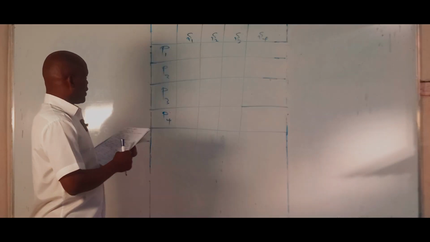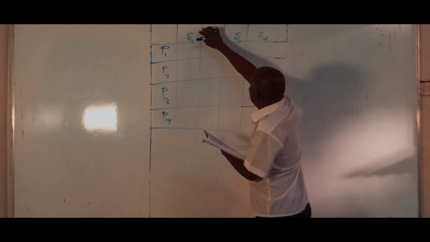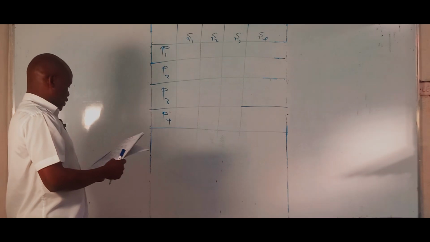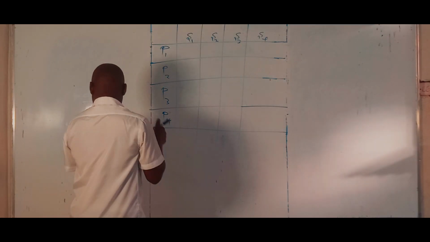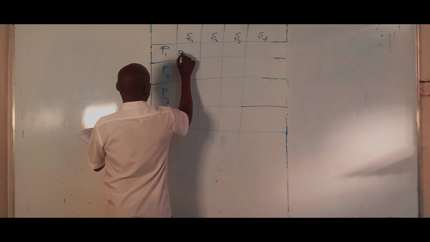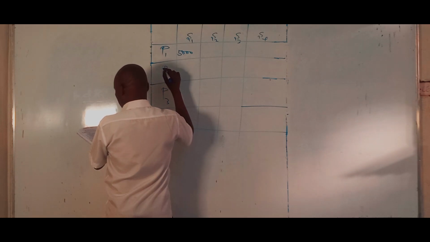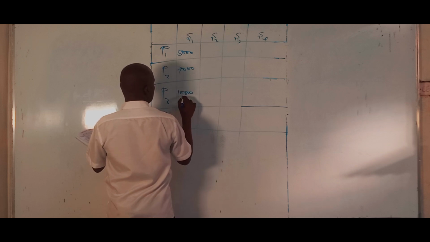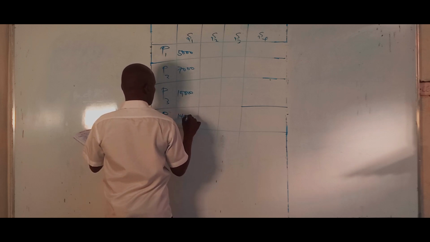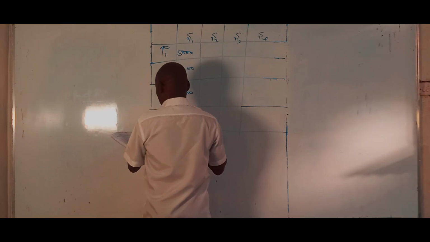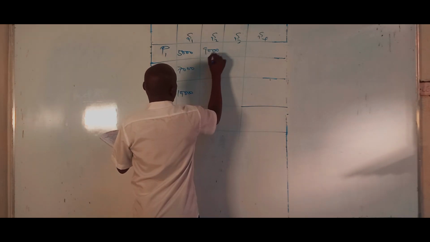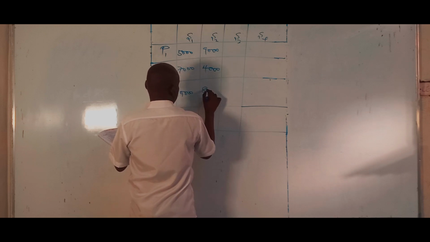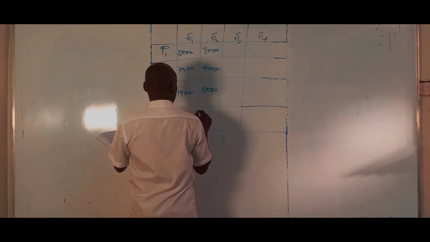So these are the states of nature, and these are the products: product 1, product 2, product 3, product 4. And the entries we see are 5,000, 7,000, 10,000, 14,000, and here 9,000, 4,000, 8,000, 5,000.